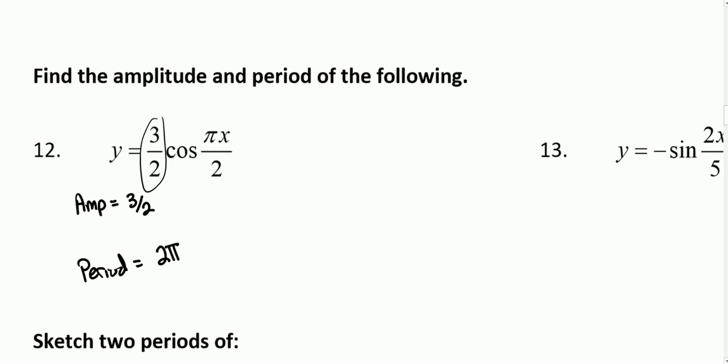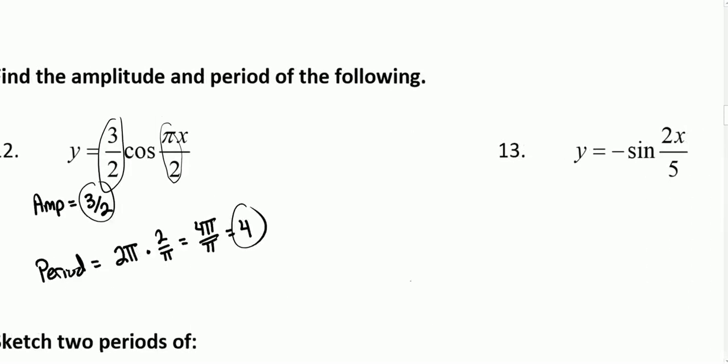So you start with that. But then we have this pi over 2, and so we're going to multiply 2 pi by the reciprocal of pi over 2, which is 2 over pi. And so when we do that, we end up with 4 pi over pi. Reduce that to 4. So we have a period of 4 and amplitude of 3 over 2.